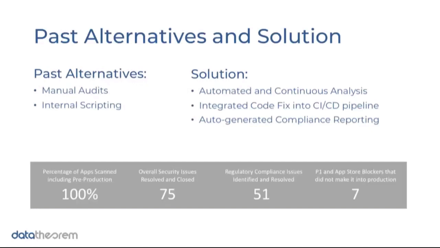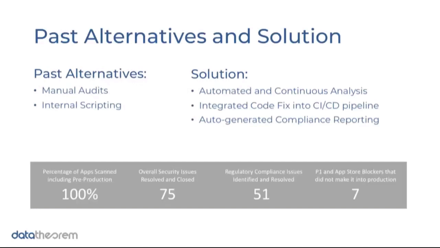So as a result, they're now in a position where they're able to scan all of their apps in pre-production, so before they ever make it to a production release. Over the last 90 days, they've been able to close out over 75 security issues, and identify 51 and resolve compliance and regulatory issues.